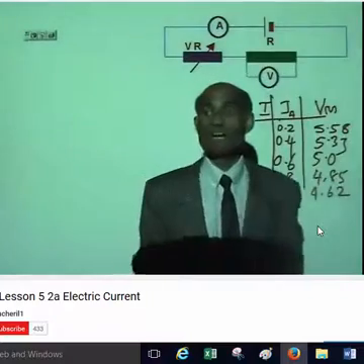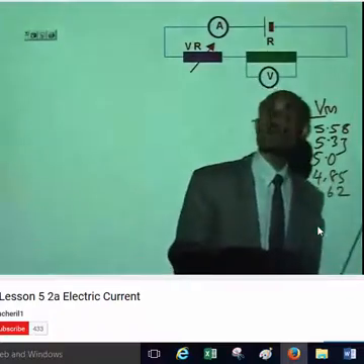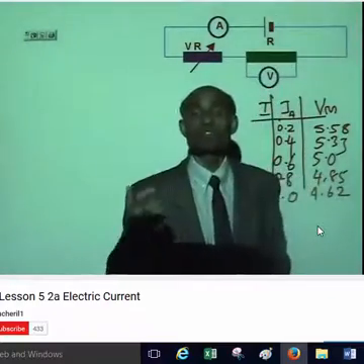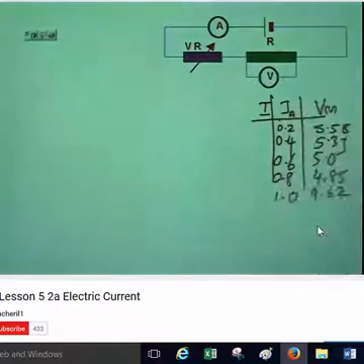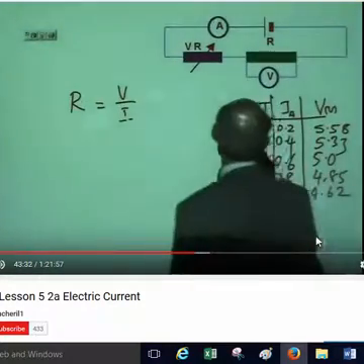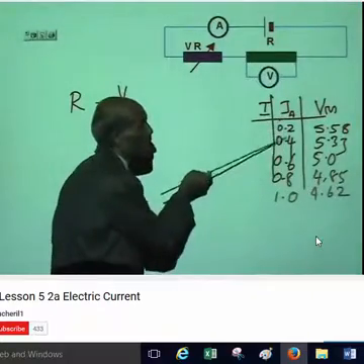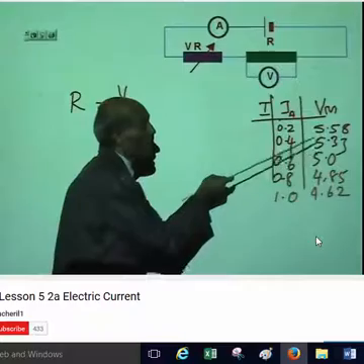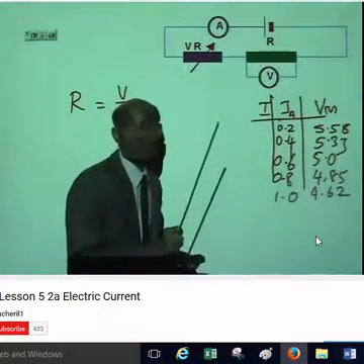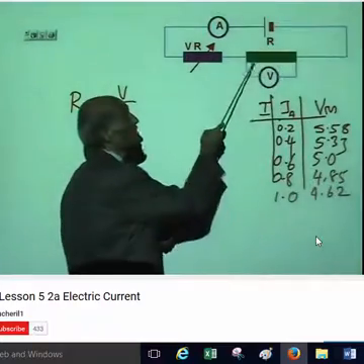Now, you know the relation between current, potential difference and resistance: resistance equals V over I. So what I would like you to do is, with the potential difference values and the current values, find the value of the resistance that we used each time.